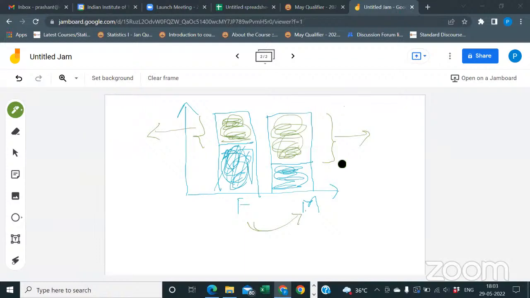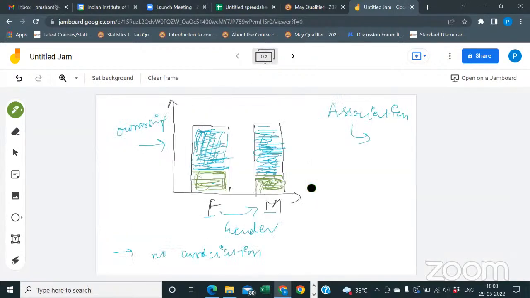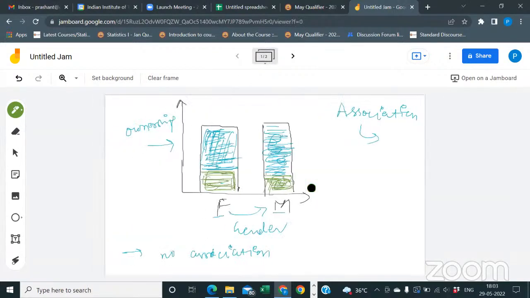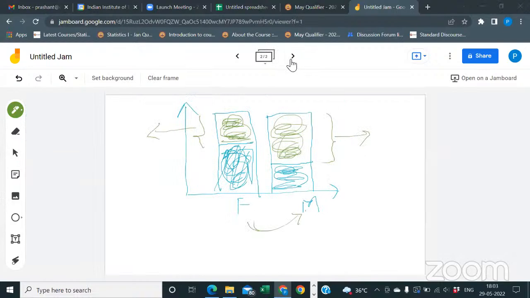I think Samyukta, the student, asked this doubt: when row relative frequencies are the same, how can we say the variables are associated? That is the thing I was explaining. Okay, so first is Yasita Rao.